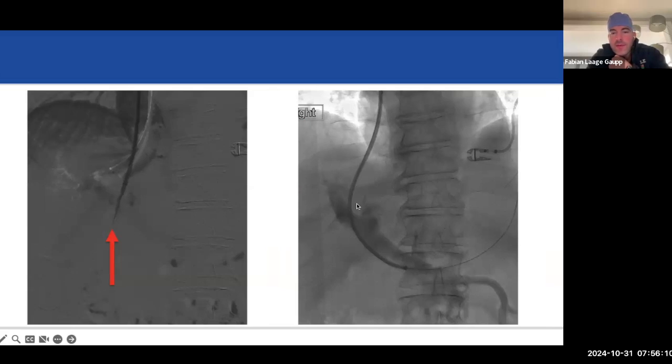The reason being that if you have an uncovered stent passing through the hepatic tissue, bile would seep into the stent, and bile is thrombogenic, right? So then you often get stent occlusion.